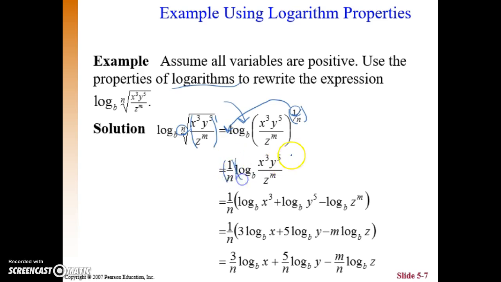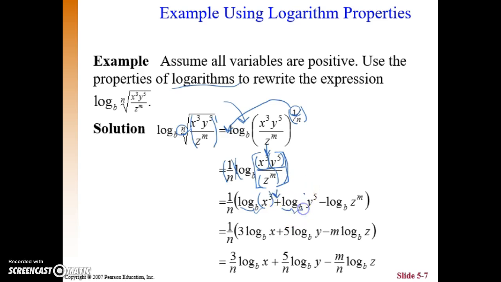So now we have a product. We have that exponent times the logarithm of this expression, which has a product in the numerator, x cubed times y to the fifth, and a quotient over z to the m. So we know that when we have a product, we can write the separate logarithms of each factor in the product with a plus sign in between them.